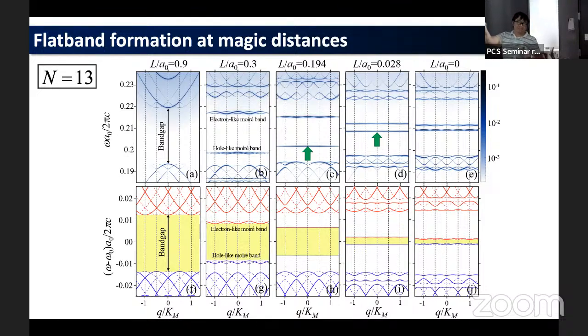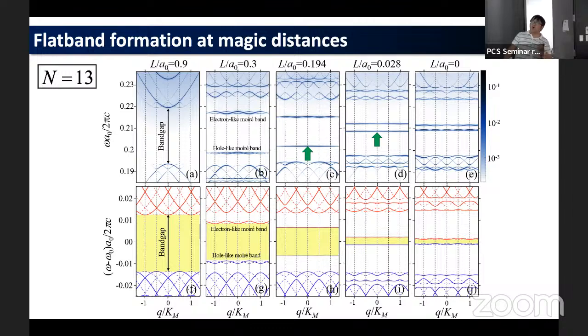Most interestingly, as soon as we have some very specific value of the distance, we can make the moiré bands flat. These are numerical simulations, and you can compare them to our calculation using the Hamiltonian I showed you previously.